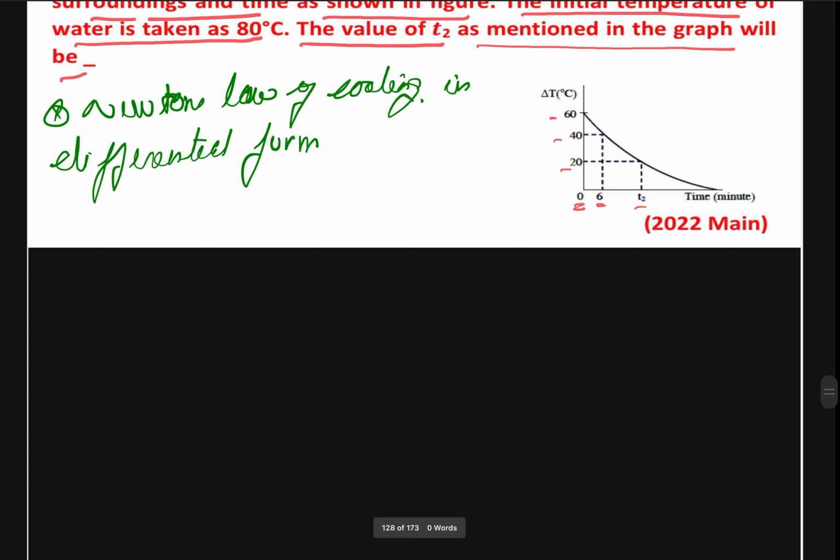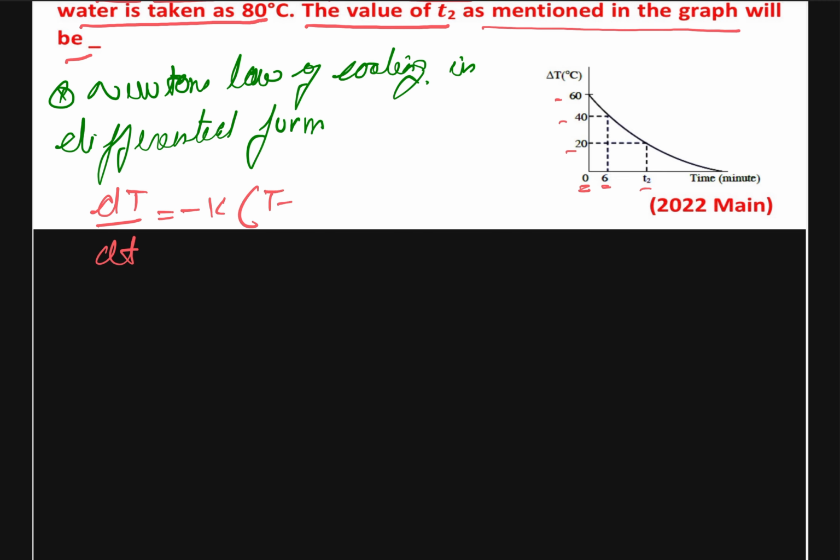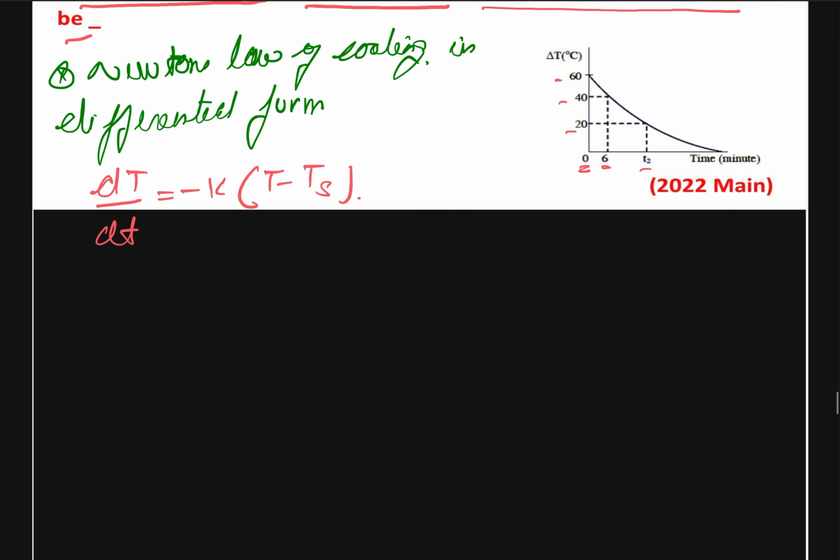We can write that our rate of change of temperature is equal to minus K times (T minus Ts), or you can simply write it as d(delta T) divided by dt is equal to minus K delta T.